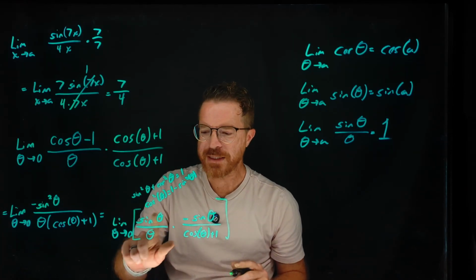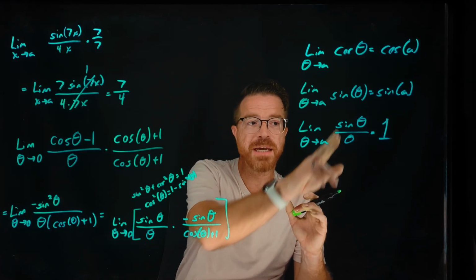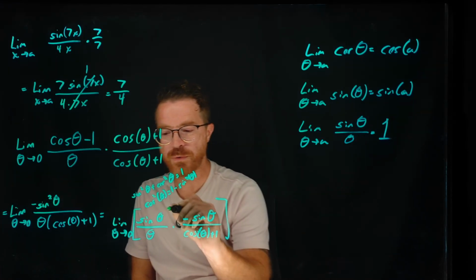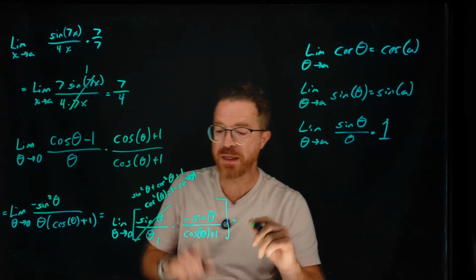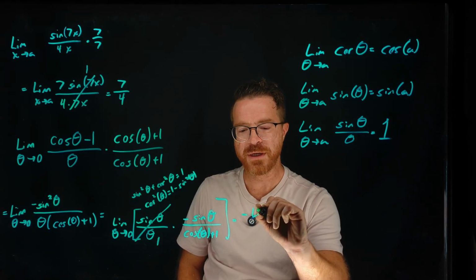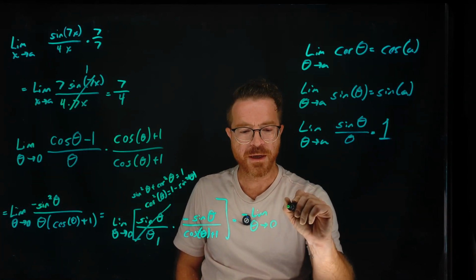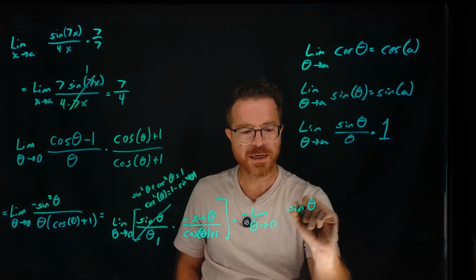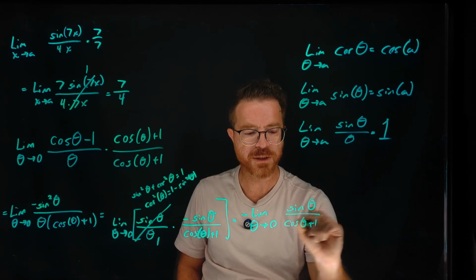Now, if we look at this, remember this limit is for the whole thing. What I can do is this sine of theta over theta: when I evaluate the limit as theta approaches 0, sine theta over theta is going to be equal to 1. So this term is just going to go to 1. This is going to leave me with negative sine theta, and I can pull that negative out. So this is going to be negative the limit as theta approaches 0 of sine theta divided by cosine of theta plus 1.